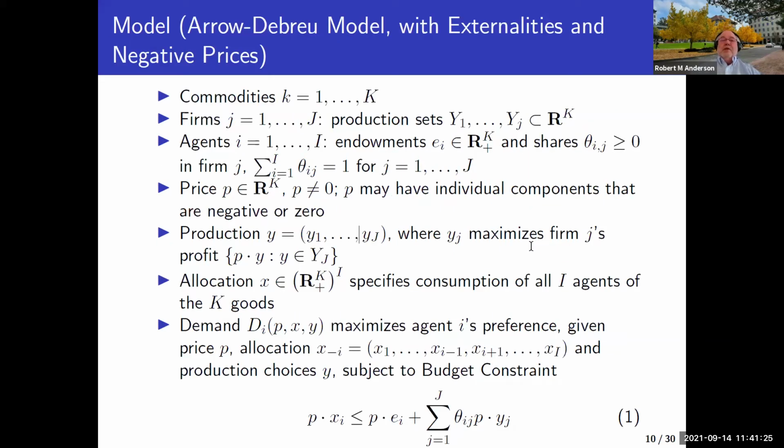So here's the Arrow-Debreu model, and we're going to modify it to allow externalities and negative prices. So we've got capital K commodities. These are the goods that people consume, but they could also be goods that are inputs to production.